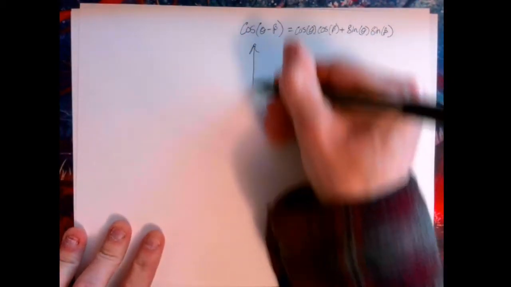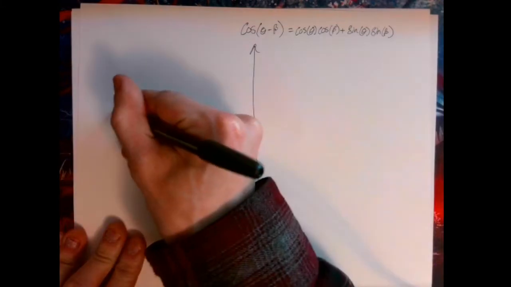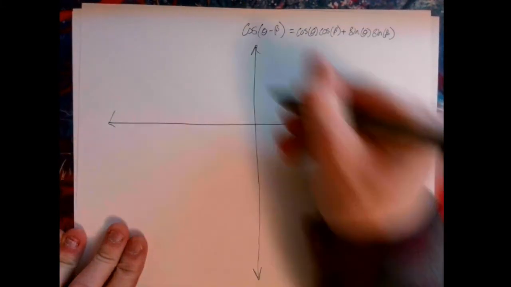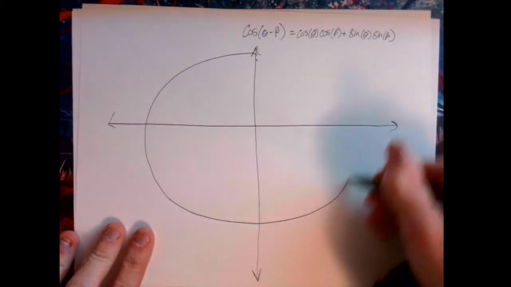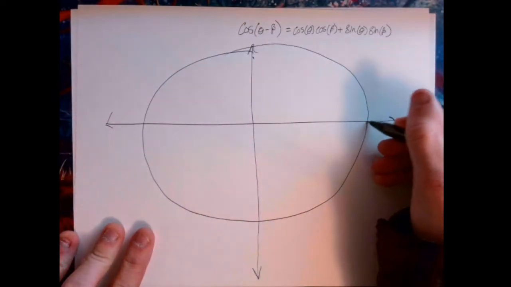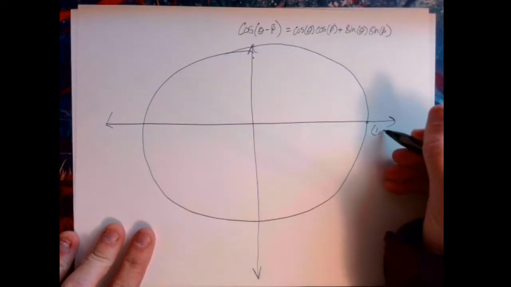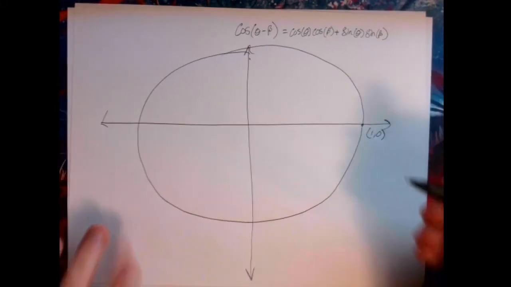So if we take a look at our unit circle, and we denote that it's a unit circle by adding the (1, 0) here.